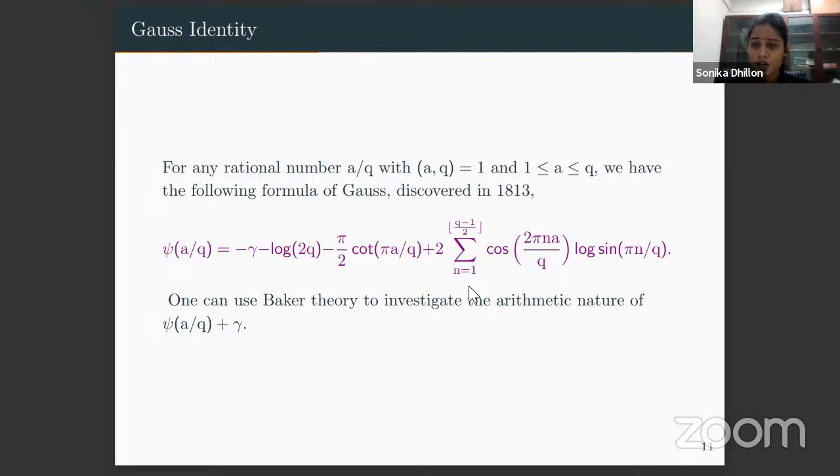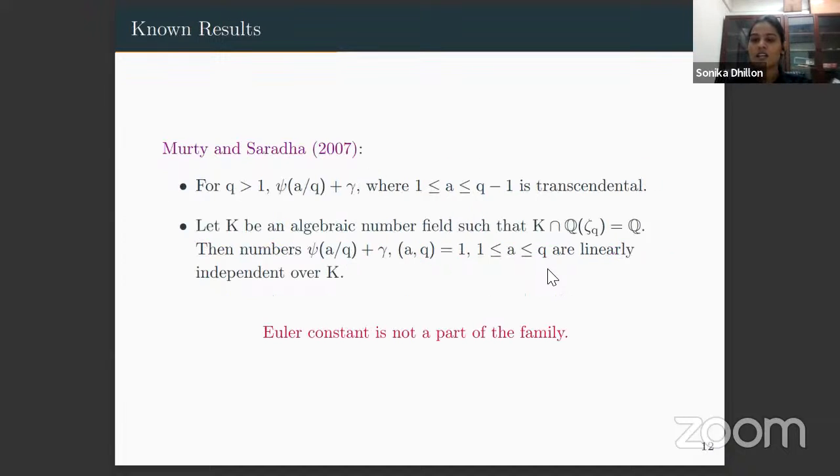If you see in this Gauss identity, what are the coefficients of the logarithm of sine values? These are cos of 2 pi n a by q, which are basically elements from the maximal real cyclotomic field. So to avoid that, they have taken the coefficients from a field which has a trivial intersection with the cyclotomic field. So that is one of the reasons that K intersection Q(zeta_q) has to be Q only.